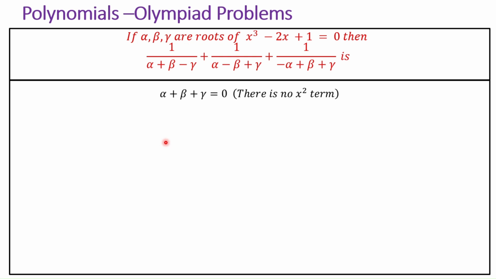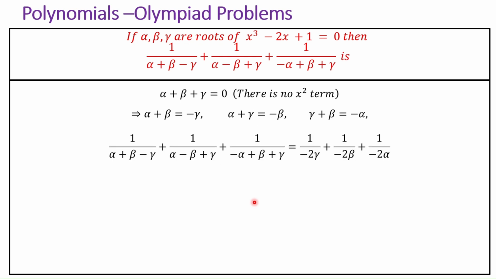There is no square term, which means alpha plus beta plus gamma is equal to 0, right? This will give us a few things. Alpha plus gamma is minus beta, alpha plus beta is minus gamma, and the other one, right? So this is very easy. Now you replace this alpha plus beta equal to minus gamma into the first equation. Second equation this. So each equation we can simplify with this, right?